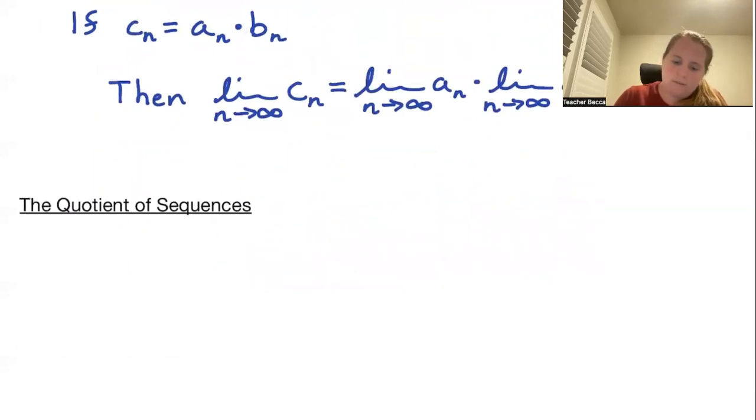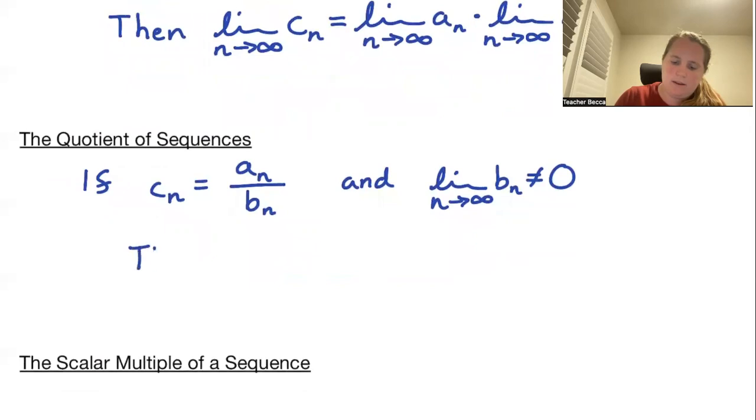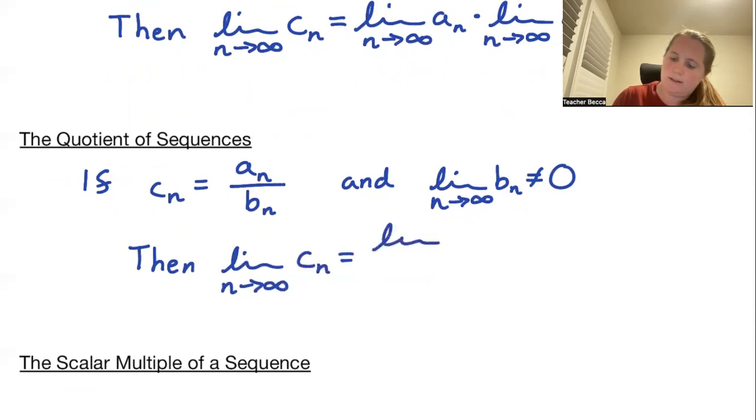For quotients, if we take c sub n to be a sub n over b sub n, and the limit as n goes to infinity of b sub n is not equal to 0, then the limit as n goes to infinity of c sub n is simply the limit as n goes to infinity of a sub n over the limit as n goes to infinity of b sub n.